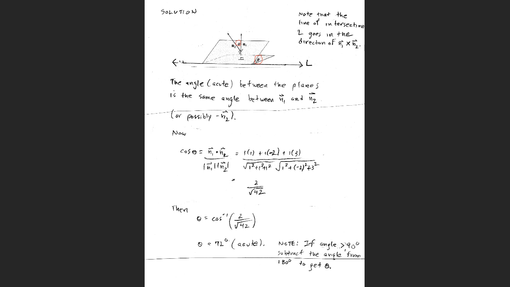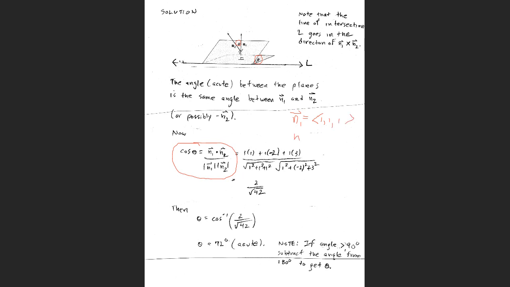Remember, based on the dot product, the cosine of theta is equal to the dot product of n1 and n2 over the product of their magnitudes. We know what those vectors are. The vector n1, based on the coefficients of x, y, and z in the first plane, is the vector 1, 1, 1.